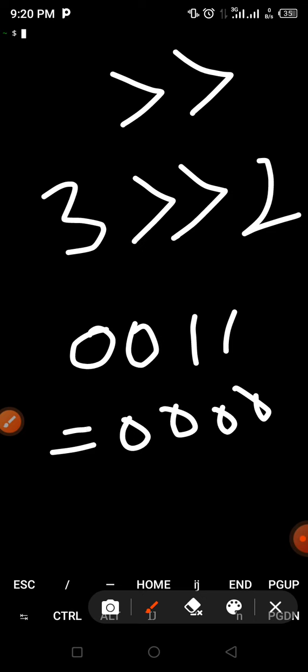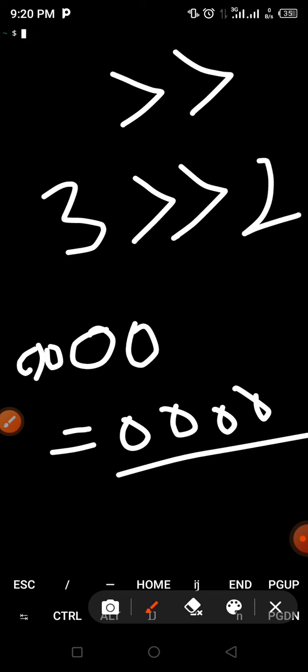The remaining ones will be truncated, then we now have extra 0s added to it just to make sure it is in 4 bits. So we have extra 2 zeros added to make sure it is in 4 bits. So that's the logic here.